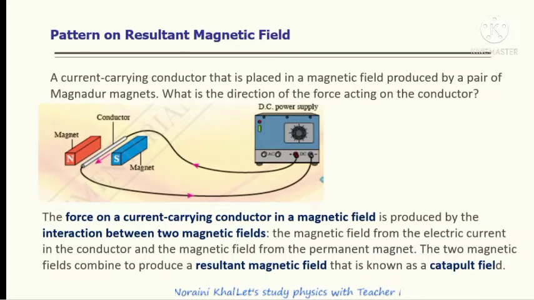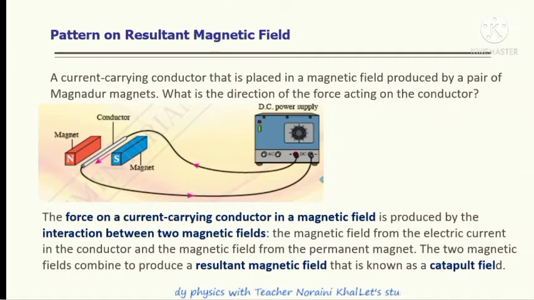Thus, there will be interaction between the two magnetic fields. The interaction will produce a resultant magnetic field, or we call it catapult field. This non-uniform field will produce a net force that acts on the conductor. The force produced, we call it force on current carrying conductor in a magnetic field. This is how the force is produced when you place a current carrying conductor in the magnetic field of a permanent magnet.